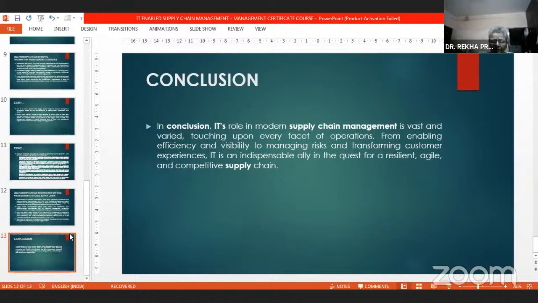Because there's so much competition in the environment, you need the right information at the right time to take the right decision and then move on. So information technology is the premium driver which helps you in achieving your objective.